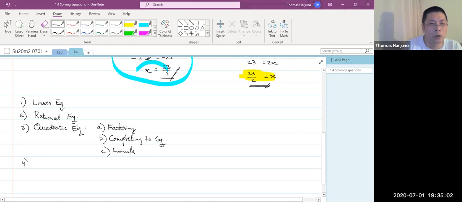And then on top of that, we will also learn absolute value equations. And finally, radical equations.